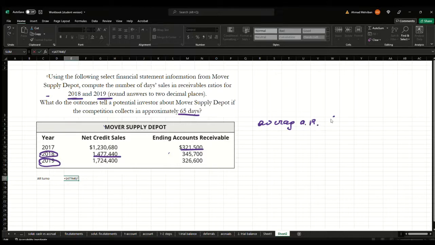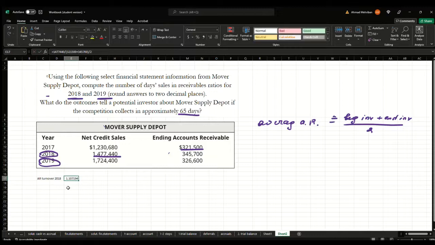So we have that information: 321,500 plus 345,700, divided by 2. Let me put it into brackets so that we can have a proper calculation.